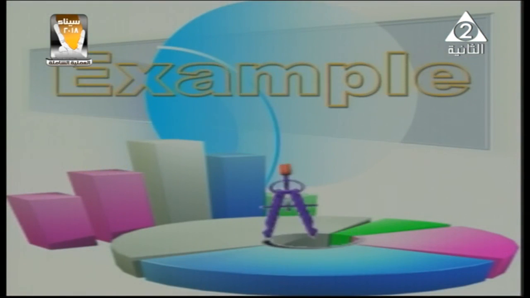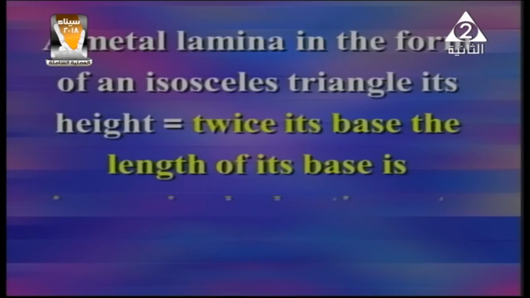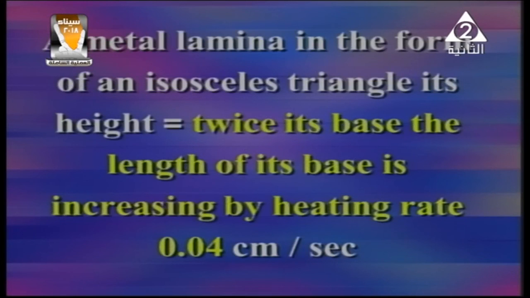Now we move to an important example. A metal lamina is in the form of an isosceles triangle. Its height equals twice its base. The length of the base is increasing by heating at a rate of 0.04 centimeter per second.